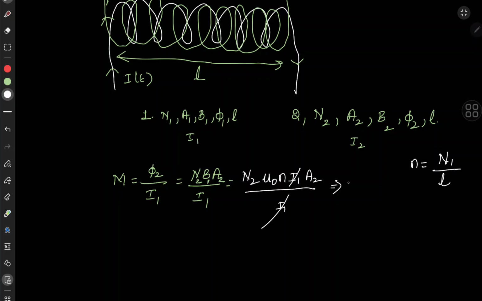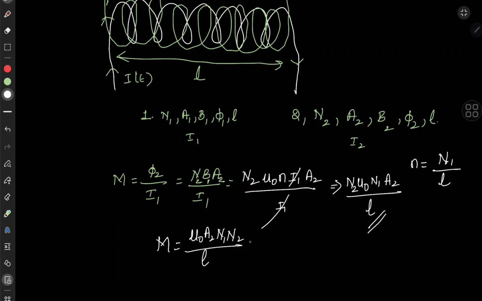So then we will get N2 mu naught N1 A2 divided by L. So this is the mutual inductance in the solenoid. We can write M equal to mu naught A2 N1 N2 divided by L, and this is the expression.